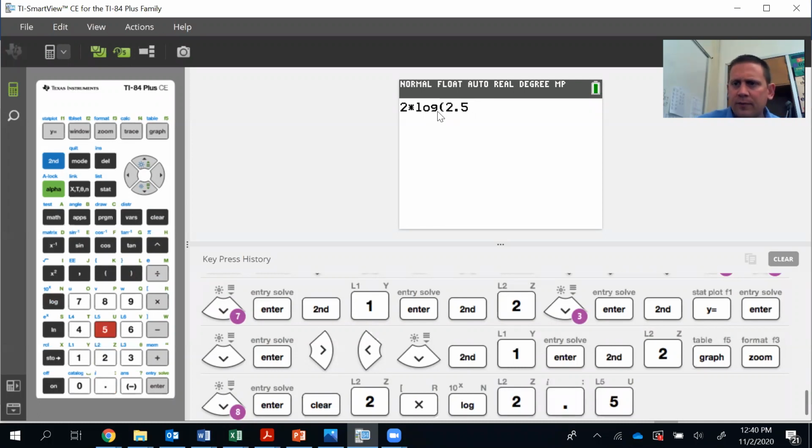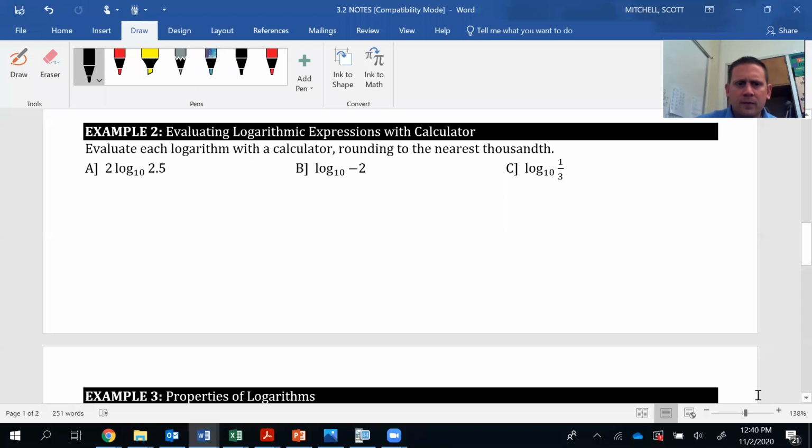If you want a base of something else, you have to do something different. So if it's log base 10, you're good. What do we got? 0.796.